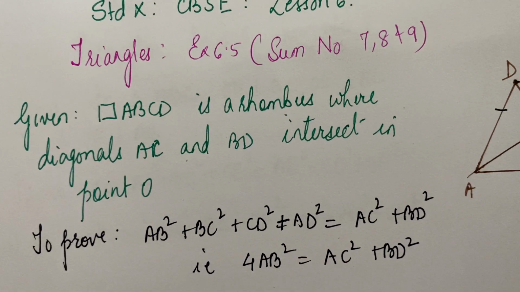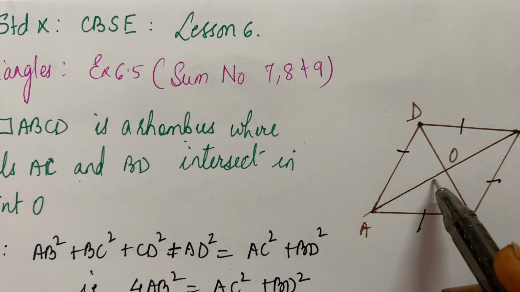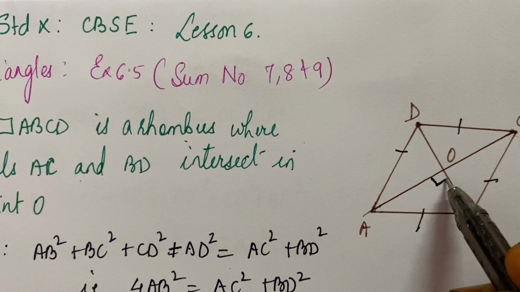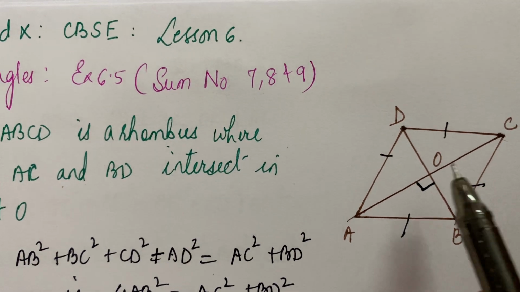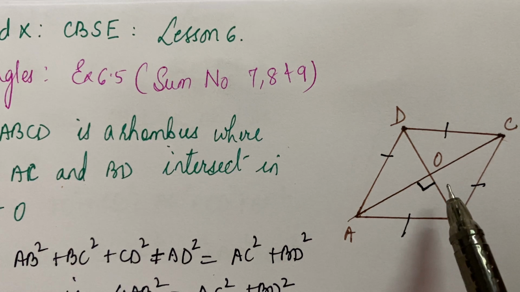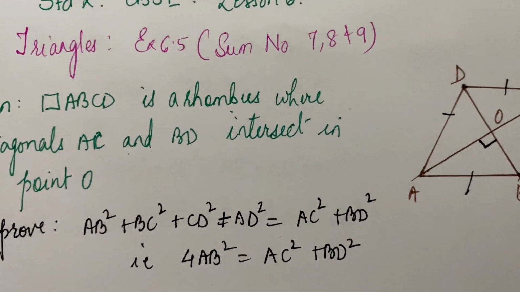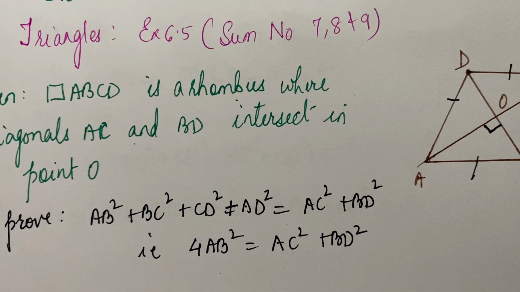You are aware of the property of a rhombus, that the diagonals of a rhombus are perpendicular bisectors of each other. These two diagonals make an angle of 90 degrees with each other, and they are also bisecting each other. So making use of this property and applying Pythagoras theorem, we get the required result.